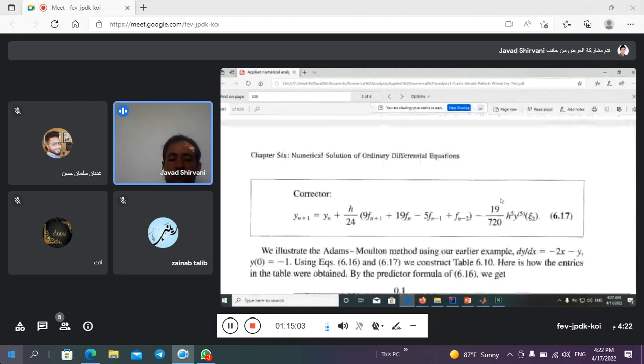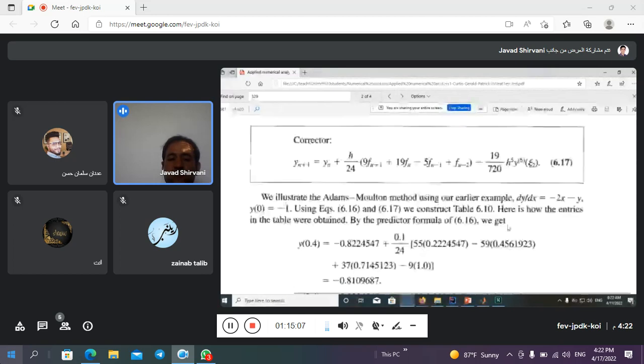We get the Fn plus 1. We illustrate the Adams-Moulton method using our earlier example, dy/dx equals minus 2x minus y, with this initial condition, the same example as the previous approaches.